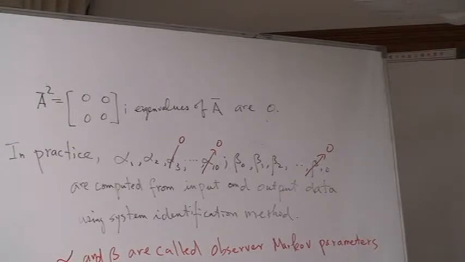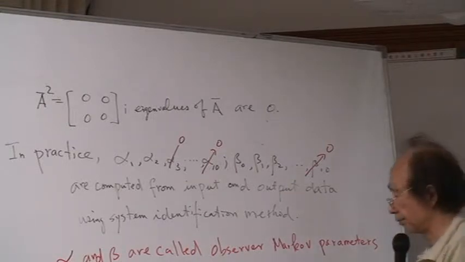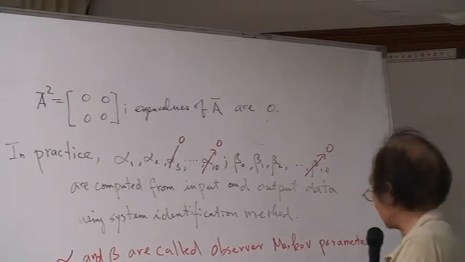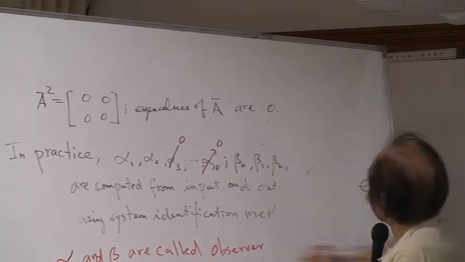Your homework 10 will be as simple as this. So you have T as 2 by 2, and I want to also make a remark here.